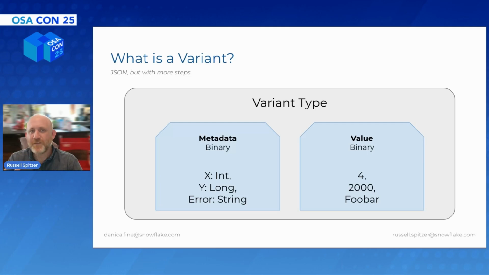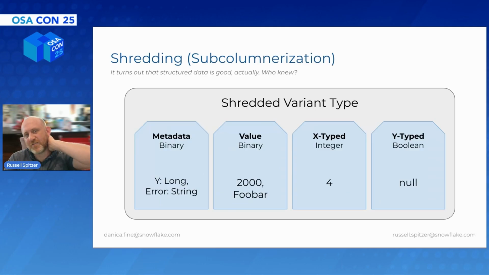So the other thing that's been added with Variant is something called shredding. It's also known as subcolumnarization in some other papers. So if you've read either of those terms before, it's the same thing here. The idea is that most of the times we're using some kind of variant data type, there's a few columns that appear all of the time. So you can imagine you might be getting data from a sensor, which always reports X and Y, and then has a bunch of other things which change on version updates.